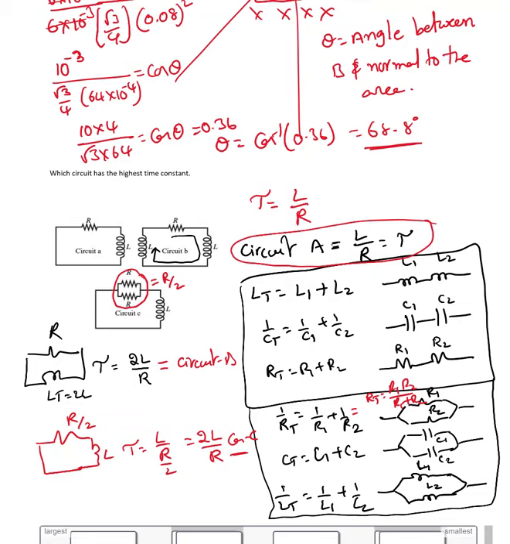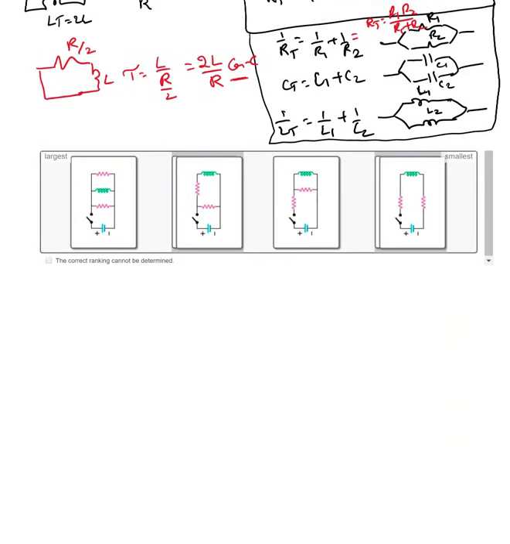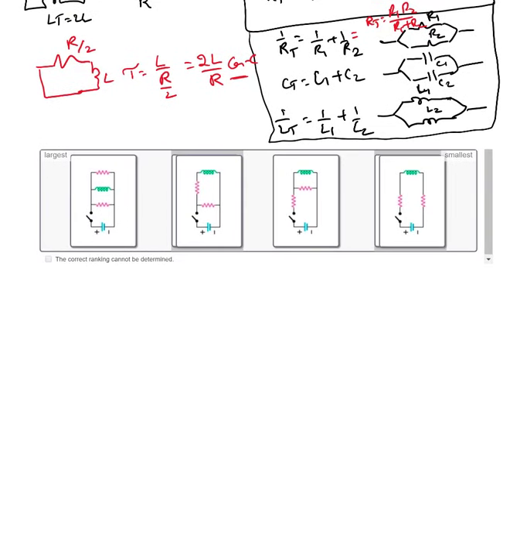Okay, let me go over the next example here. In this example, he's asking which circuit has the highest current. Let me label them as circuit 1, 2, 3, and 4. Looks like there are 2 more in the back, but I will go with these 4.